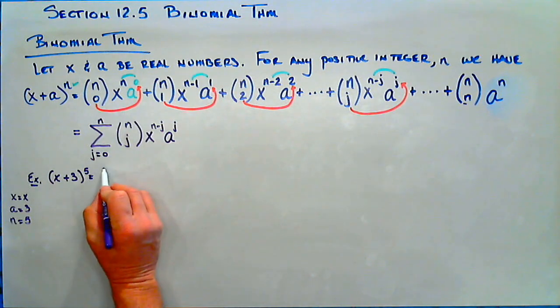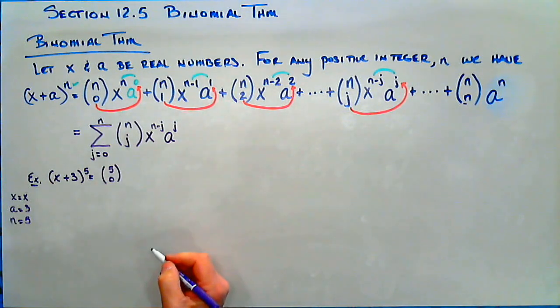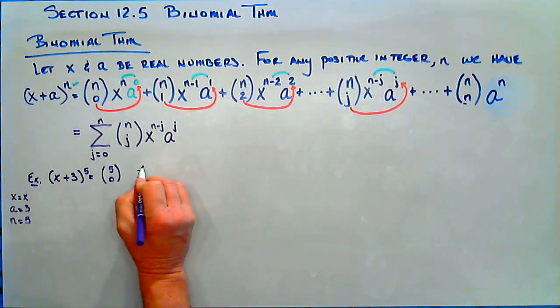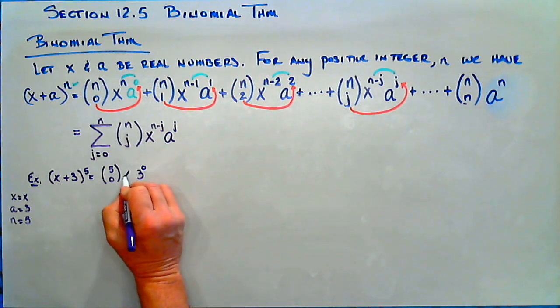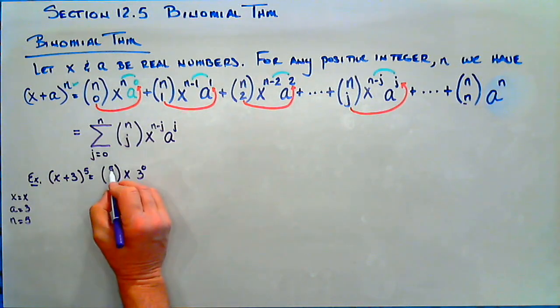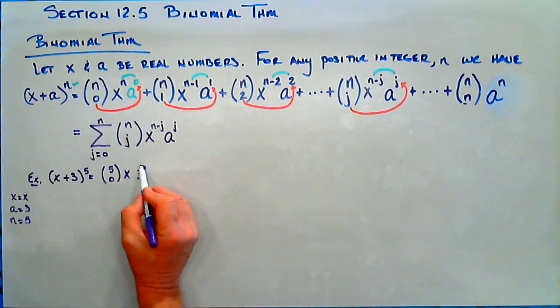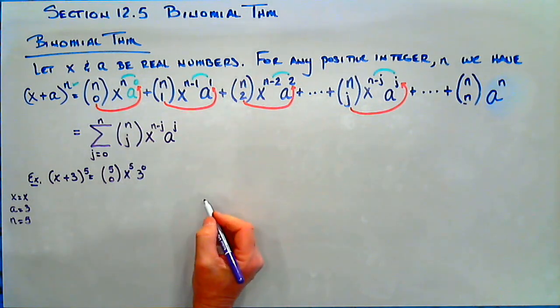n is 5, so we're going to begin with 5 choose 0. The power that goes on 3 is going to be 0. I told you, I always write this one first. The power that goes on x is going to be this number right here minus this number, or another way to think about it is these have to add to 5. So I've got to put a 5 there.